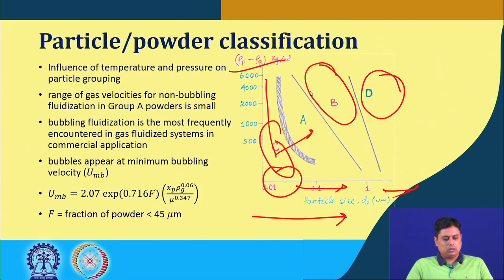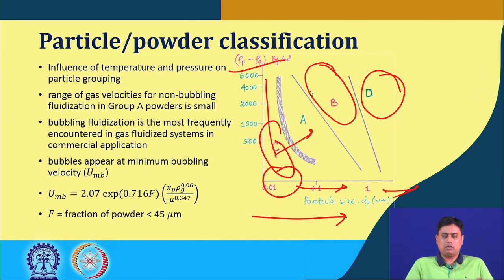The window of non-bubbling fluidization in group A particles is relatively small. Bubbling fluidization is the most frequently encountered in gas solid systems, and that is why it is very frequent in several commercial applications.